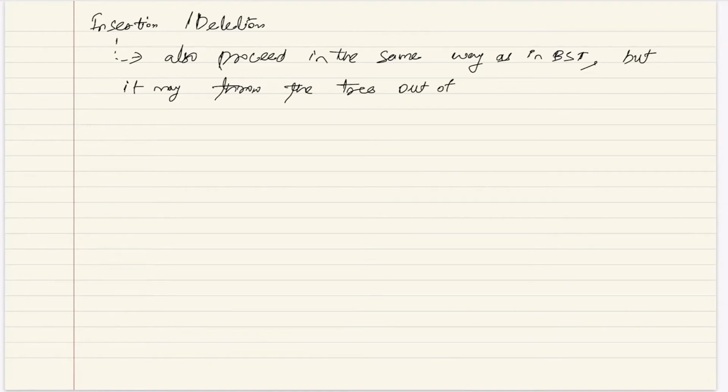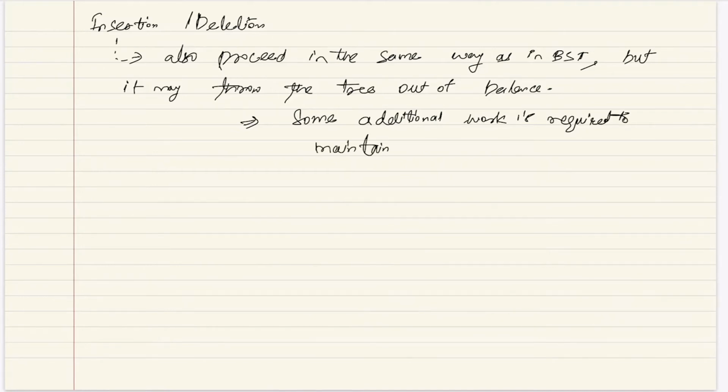So it may happen that at some node your balance factor is no more maintained. So that means some additional work is required to maintain the AVL property. And that is what you will see.